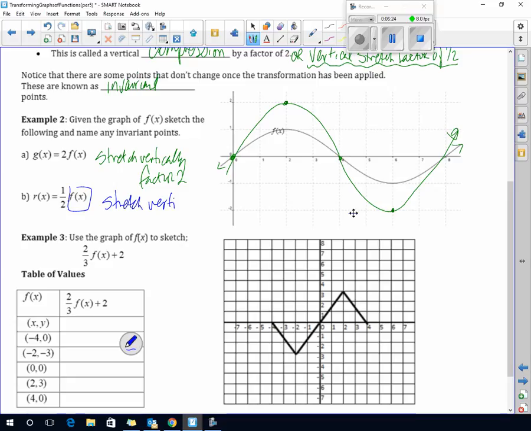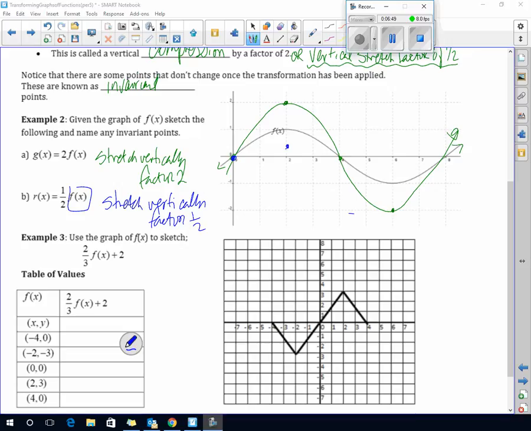I could also call it what? Compression factor of 2. Very good. Okay, so same thing. It's only affecting the y. So 0 stays as 0. The height of 1 now is a half. This is why we ask questions. Okay, so then you see it's half, and then the negative 1 goes to negative a half.